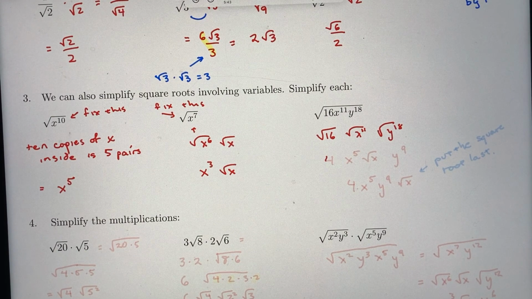Okay, square root of 16 is 4. X to the 11th under the square root sign is x to the 5th, and a leftover square root of x. Square root of y to the 18th is y to the 9th, and then we put the square root last. I'll write a little note.